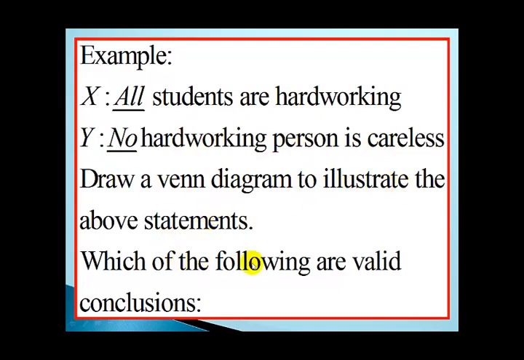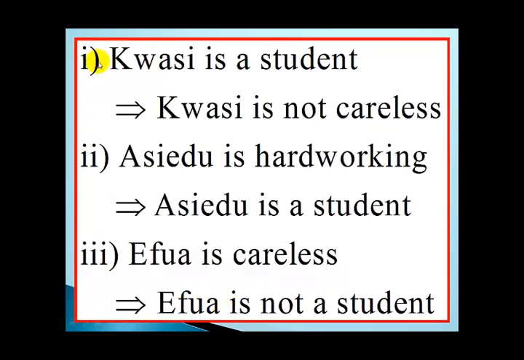Which of the following are valid conclusions? I. Kwasi is a student implies that Kwasi is not careless. II. Asiedu is hardworking implies that Asiedu is a student. III. Ifua is careless implies that Ifua is not a student.